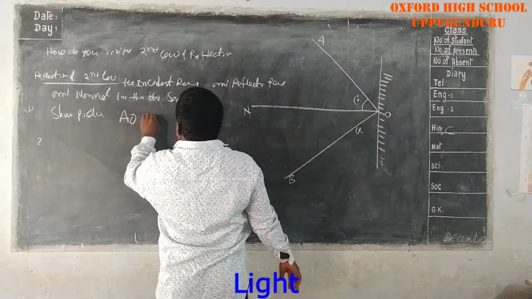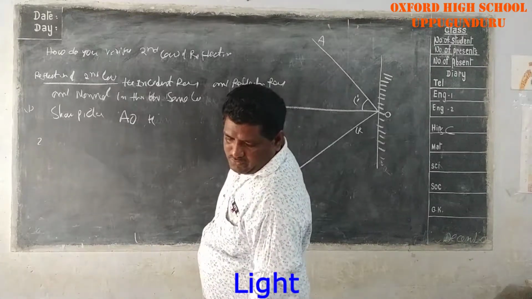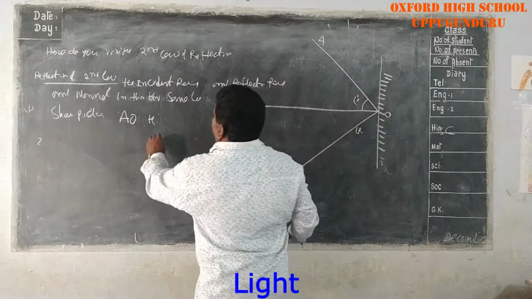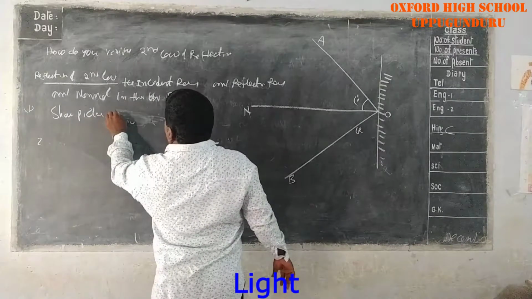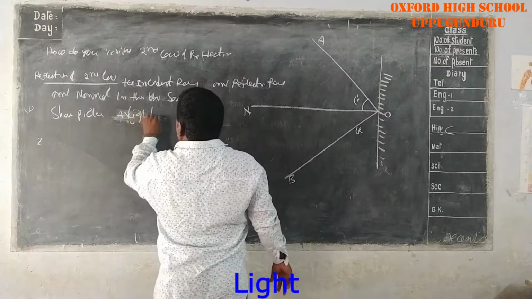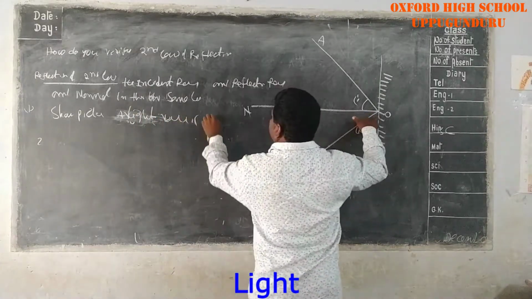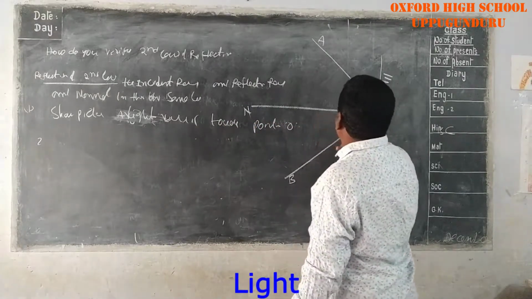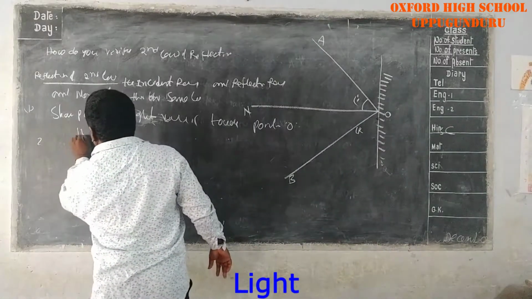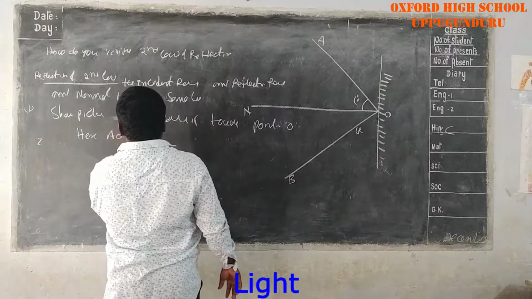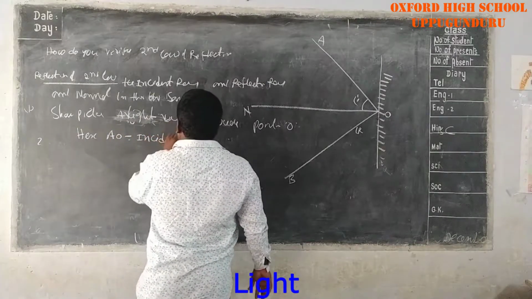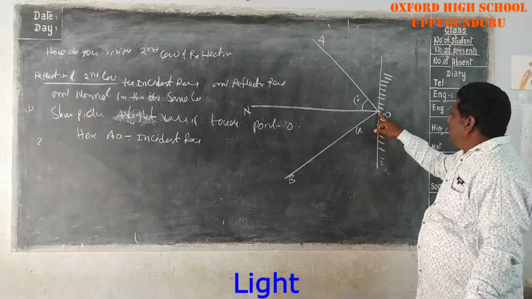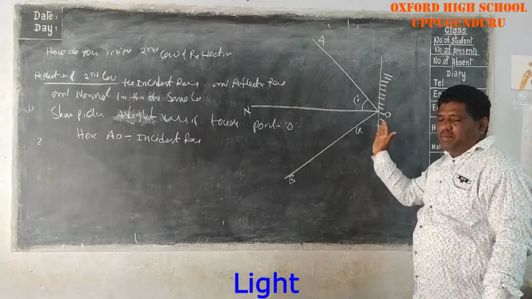In the figure, the light ray is touching the mirror at point O. So AO is the incident ray. Whenever the ray touches the point on the screen, it automatically bounces and comes back to the other side.